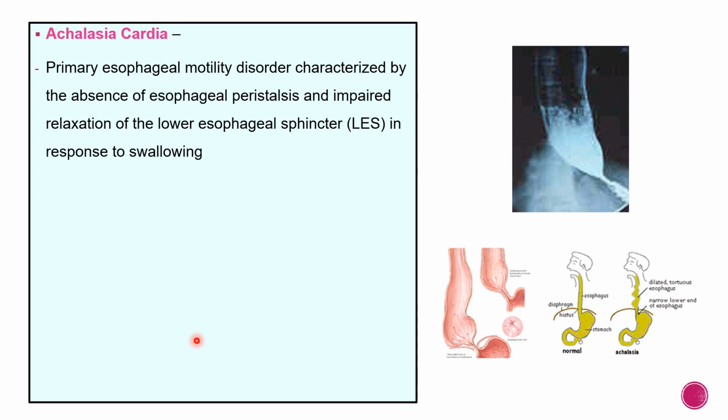So neither is the esophagus moving properly, that is, the peristaltic waves are not being initiated properly, nor is the lower esophageal sphincter opening. So food is not moving properly from the esophagus to the stomach. Food is being accumulated in the esophagus.